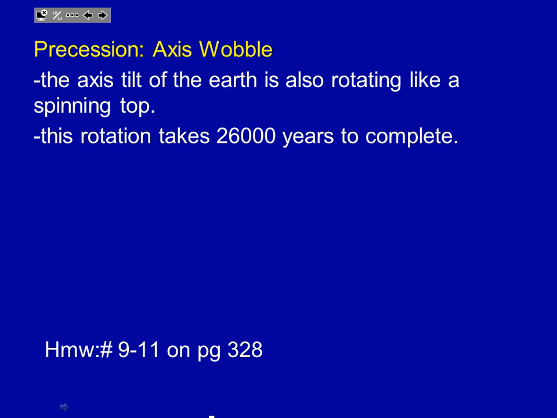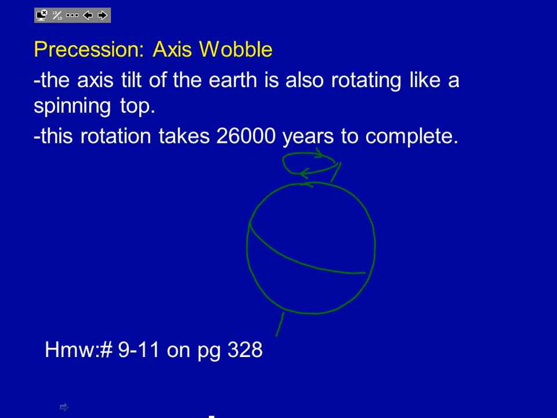that takes 26,000 years to complete. If I were to draw it, it would look like this. Again, there's my Earth. There's the axis. There's the equator. And in the end, this axis makes a kind of wobbly circle like that. And this bottom one will do the same except in the other direction because it switches.